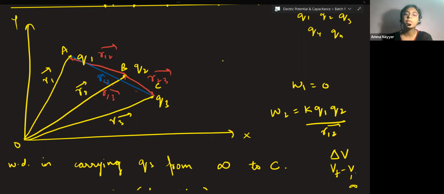What will be the potential due to Q1? Yes, Salman. The general formula for potential is what? KQ by R, if you remember. So at point C due to point A, what will be the potential? Yes, Salman, are you there?